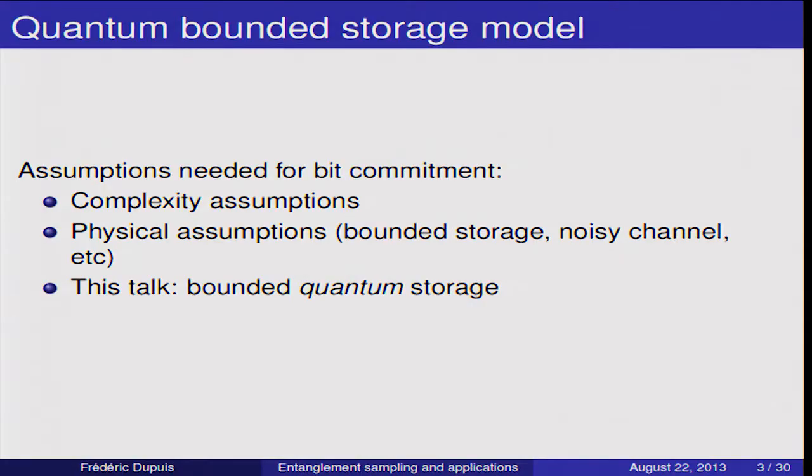Well, there's complexity assumptions that we're all familiar with, or we can make physical assumptions, such as the adversary only has a bounded amount of storage, or the two participants are connected by a channel in which the noise is not controlled by any of them. And in this talk, like I said, we're going to talk about bounded quantum storage. So the adversary can store an unlimited amount of classical data, but only a limited amount of quantum data.